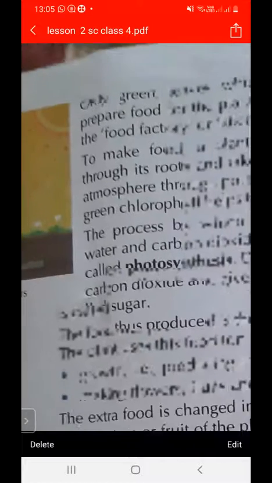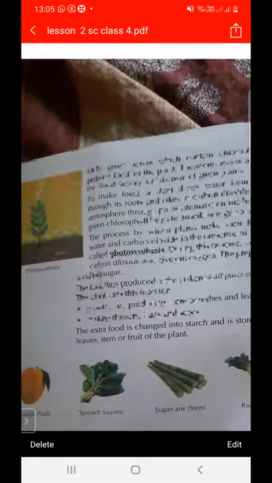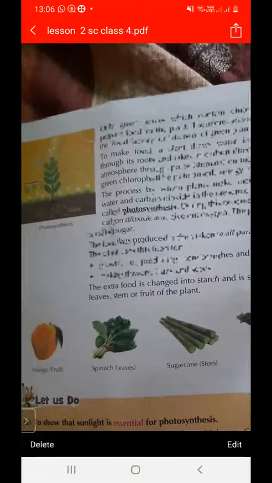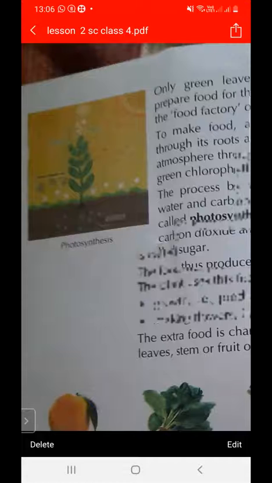And this food is called sugar. These are all converted into sugar, and this phenomenon is called photosynthesis. Next, this food is used by various parts of the plant for its growth, and for producing stem, seeds, and flowers.